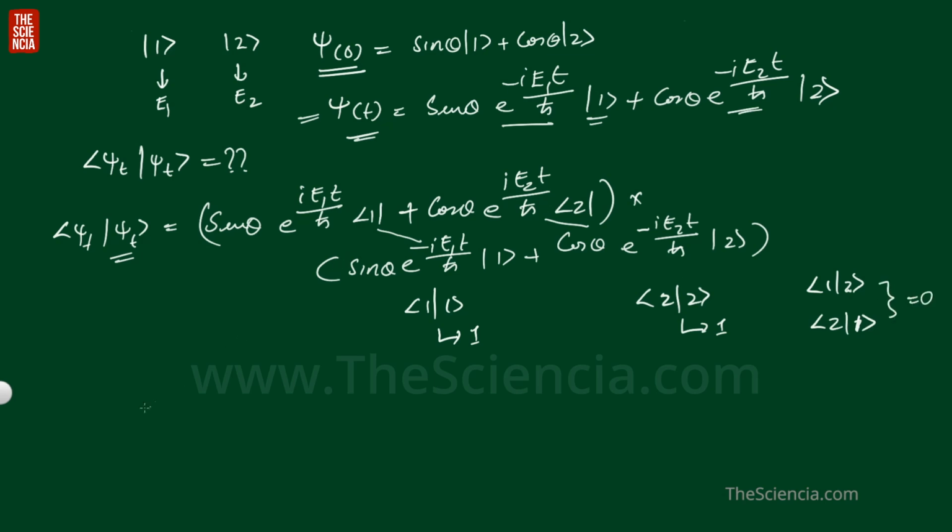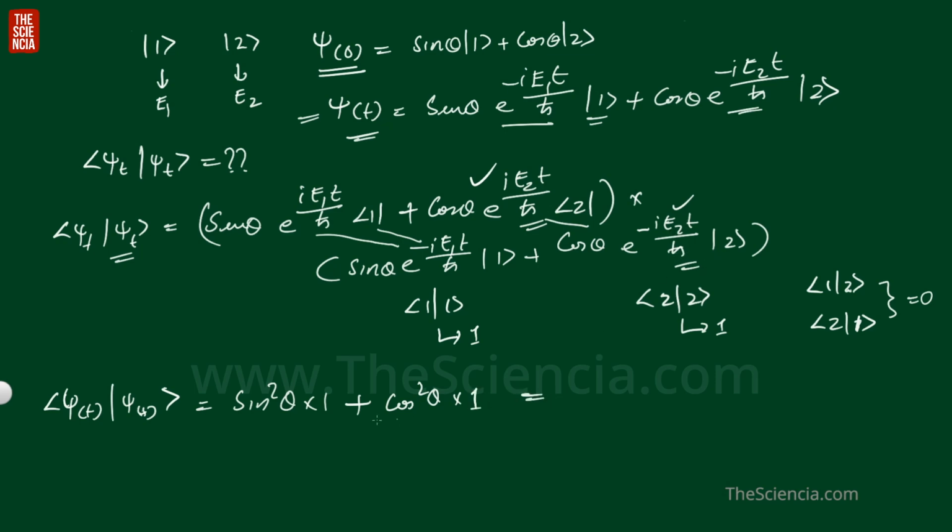So we get psi of t psi of t is equal to sin square theta, and the product of these two terms is equal to 1, plus the product of these two terms is cos square theta into the product of e raised to i E2 t by h cross and e raised to minus i E2 t by h cross, which is equal to 1. We know sin square theta plus cos square theta is equal to 1. So this is the answer.